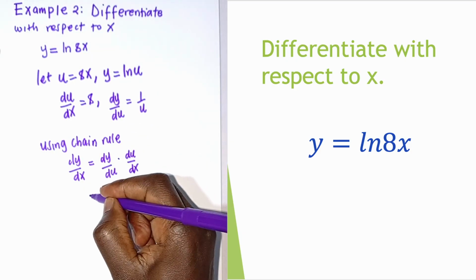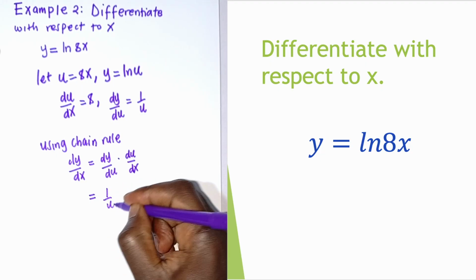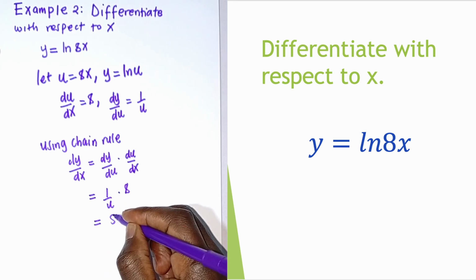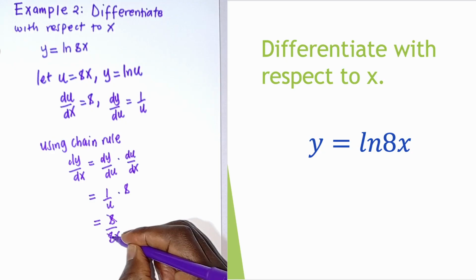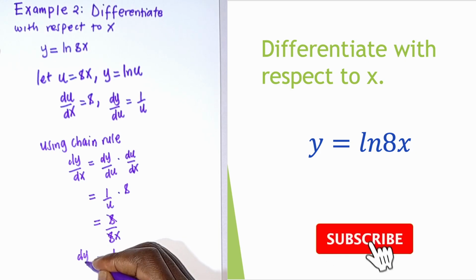Therefore, we substitute in correctly 1 out of u as our dy by du times 8, which is du by dx. Putting them back, we have 8 out of 8x, and then dividing through, we end up having 1 out of x. That's our dy by dx.